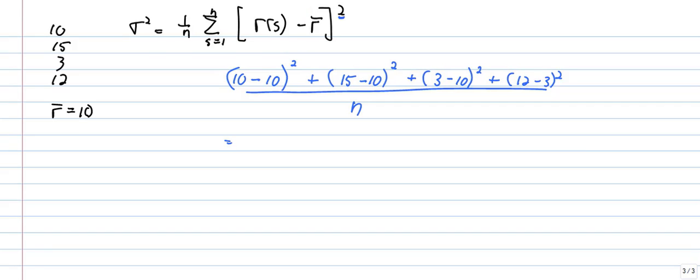So let's work the first one here. We've got 10 minus 10. Well, that's 0. Right? 15 minus 10 is 5. 5 times 5 is 25. 3 minus 10 is negative 7. Negative 7 times negative 7 is 49. Oops, I've got a mistake here.